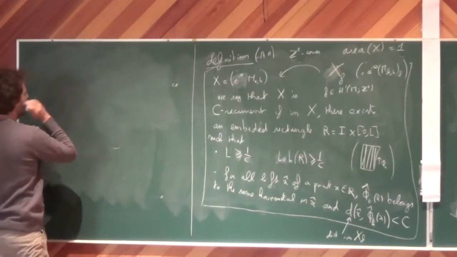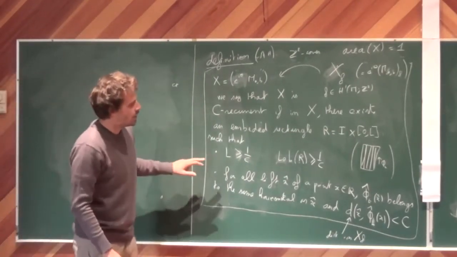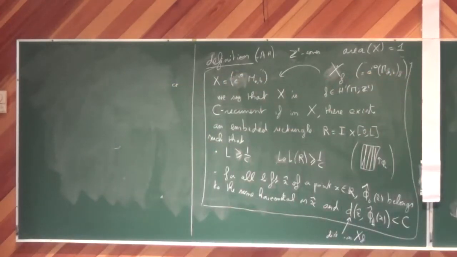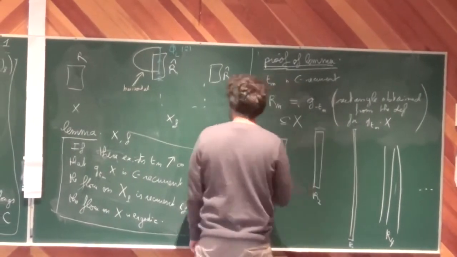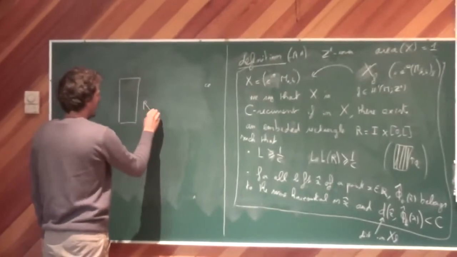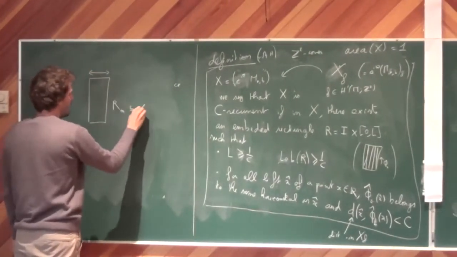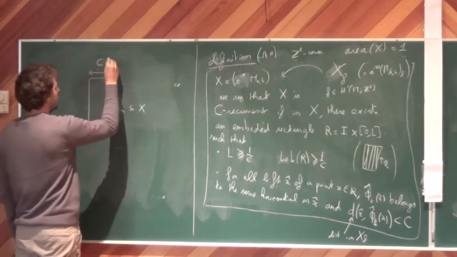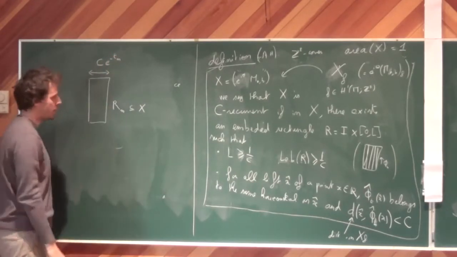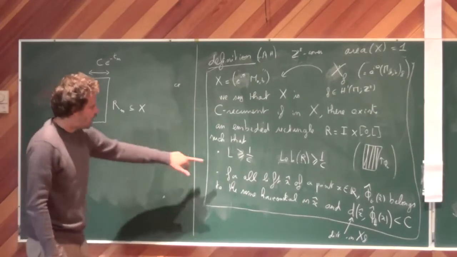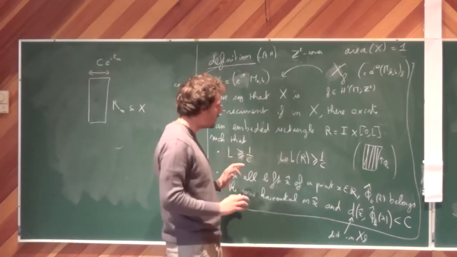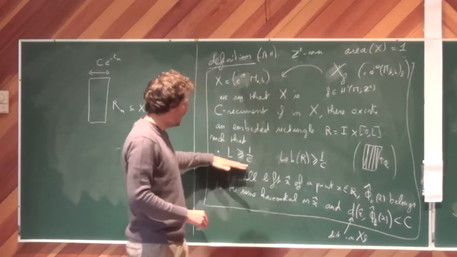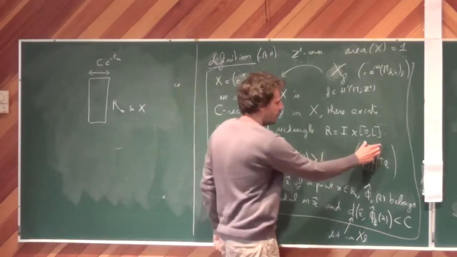And what is nice is that now the distance here is bounded by, no, sorry, let me draw a little picture. So if I pick R_n, so this is in x, this distance is smaller than C times exponential minus t_n. This is because the height is big, and this is an embedded rectangle, so you have a bound on the area, and because this is big, this cannot be bigger than c.